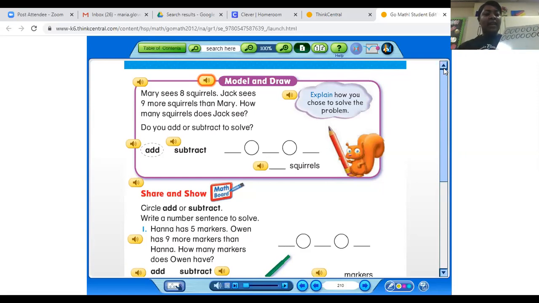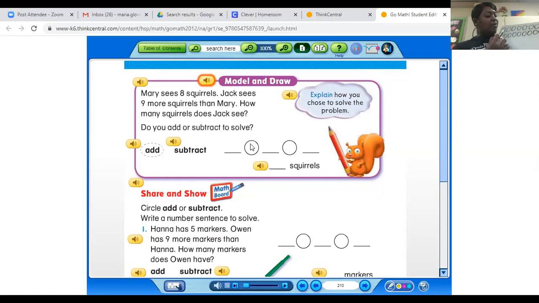So we're adding Mary's squirrels to Jack's squirrels because remember, he saw 9 more than Mary. So in this situation, we're going to add. So we're adding the 8 that Mary saw and the 9 that Jack sees. And that way we will see the total number of squirrels that Jack saw.